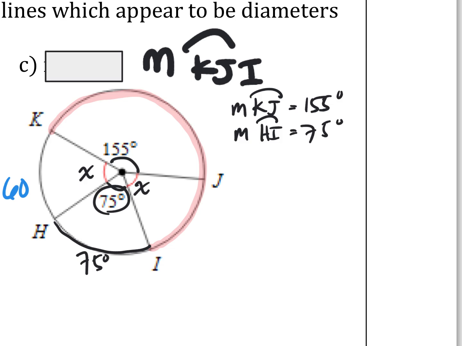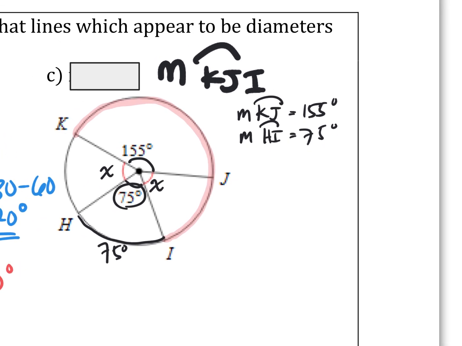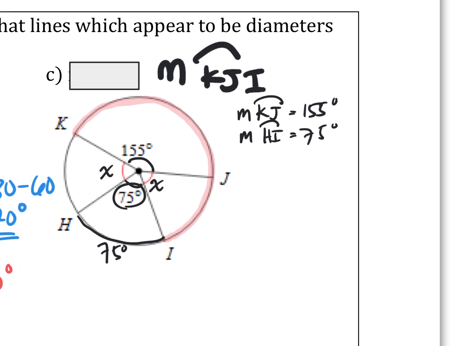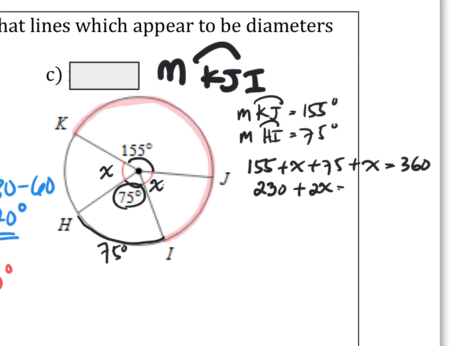So now let's create our equation. The best equation we can find is 155 plus x plus 75 plus x again, which is going to be a total of 360. 155 plus 75 gives you 230, plus 2x is equal to 360.